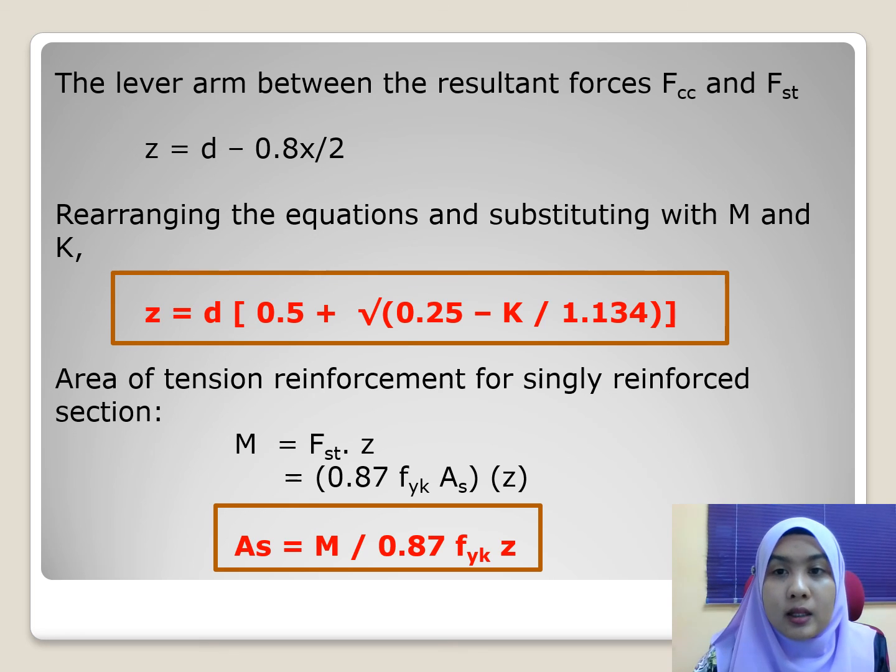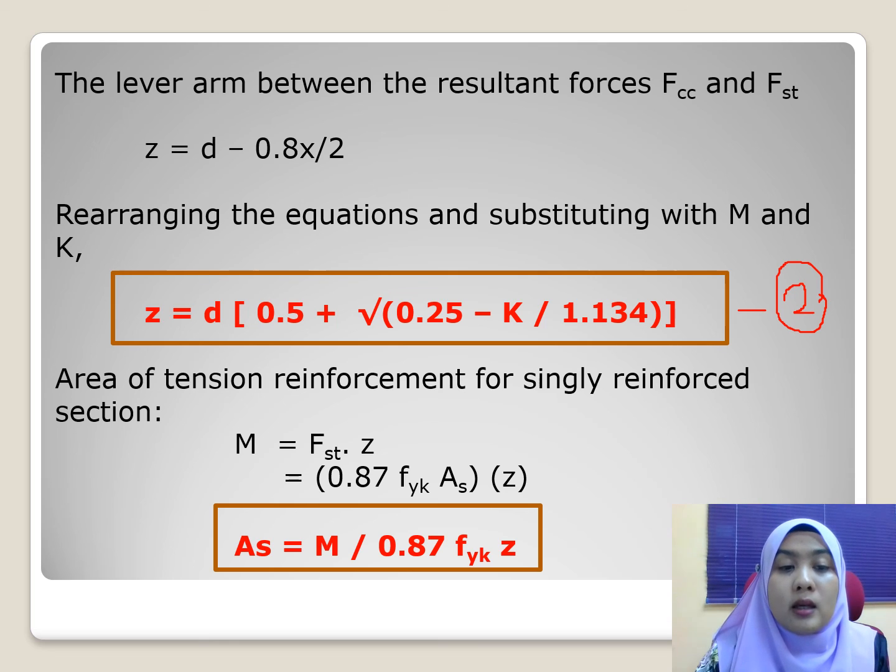Okay, so based on the lever arm equation, rearrange the equation by substituting the M and K values, where K equals M over BD squared FCK just now. So you will get your second equation. This is the second equation that we are going to use for designing reinforced concrete.